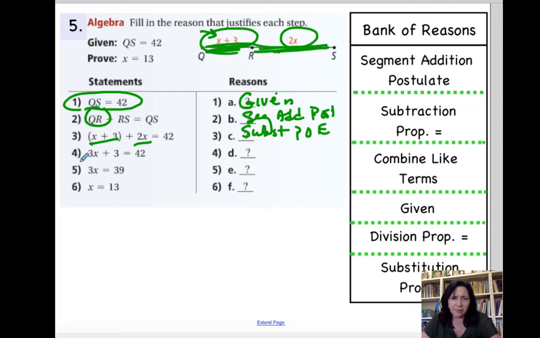Then we simplified, combining like terms: 2x plus 1x is 3x, plus 3. That's combining like terms.